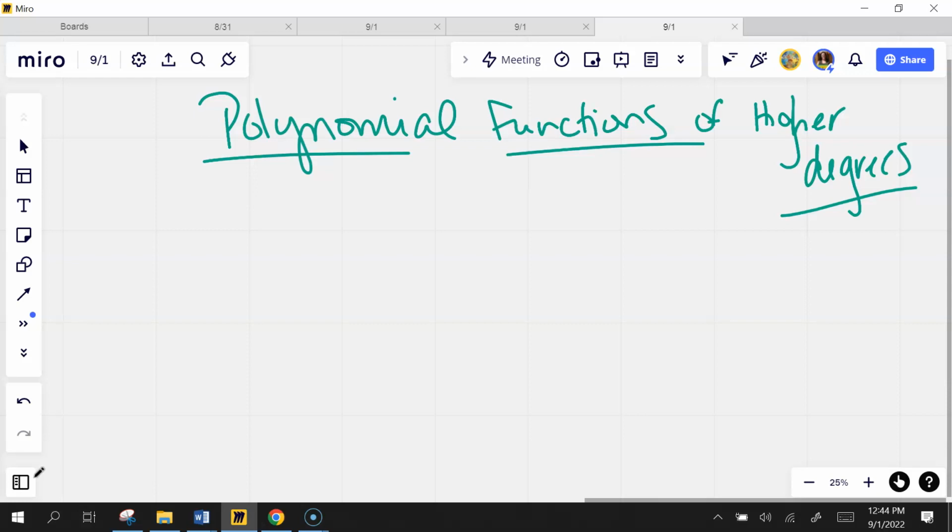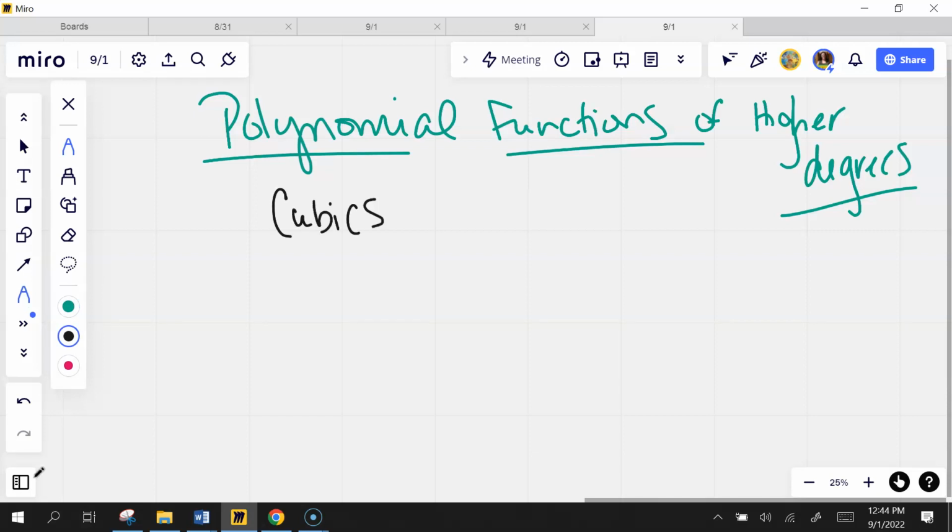We dug into linear functions. We dug into quadratics. Now we're going to look at higher degrees. Things like cubics. Cubics have a degree of what? 3. How about quartics?